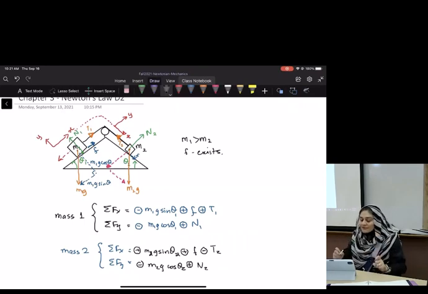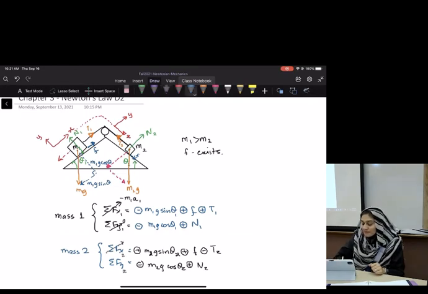Okay, now here's another cool part. What is sigma Fx1? And suppose we have an accelerated system. Plus or minus? Yes. Good. What about sigma Fy? 0. There is no acceleration in the y direction. What about sigma Fx2? Well, what direction is it going?